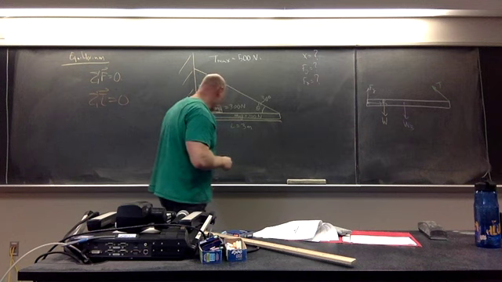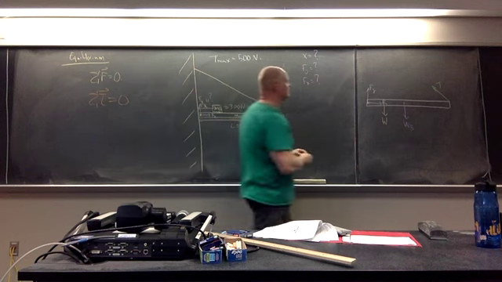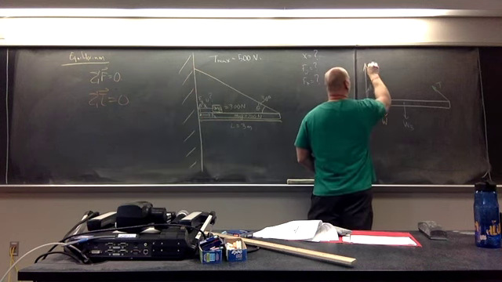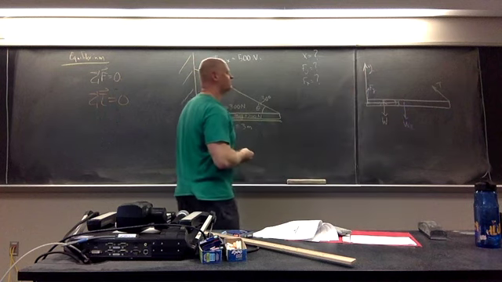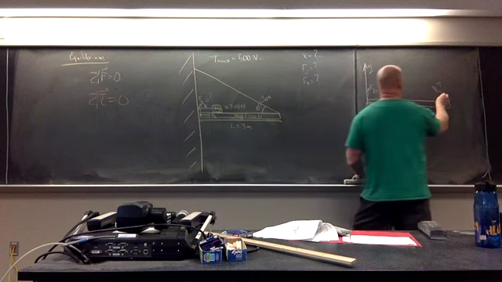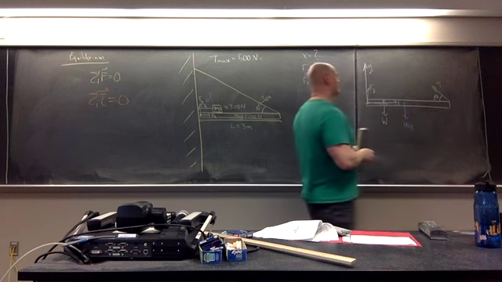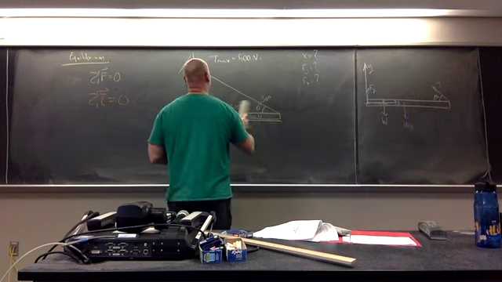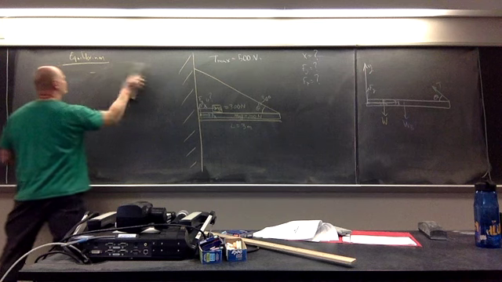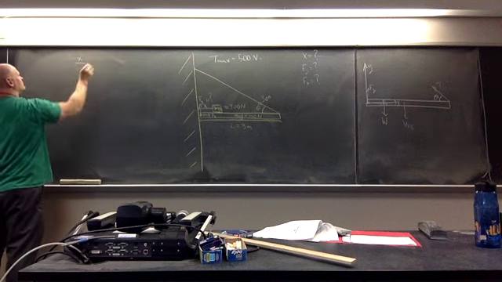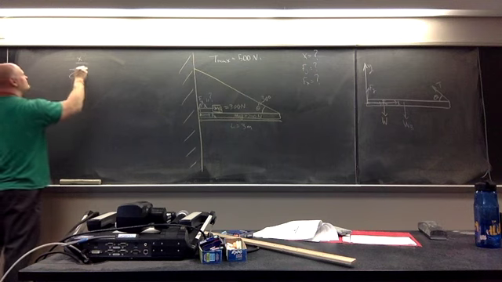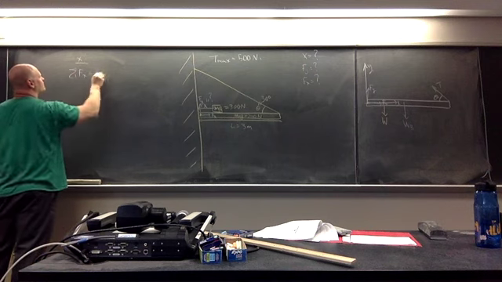Now, first thing we should do is apply Newton's second law. So let's go ahead and call this our y direction, this our x direction, and let's apply Newton's second law for these cases. Now, again, this is a static equilibrium case, so we know that this system has to have zero net force on it. So let's look at the x direction first. In the x direction, the sum of the forces acting in the x direction is equal to 0.